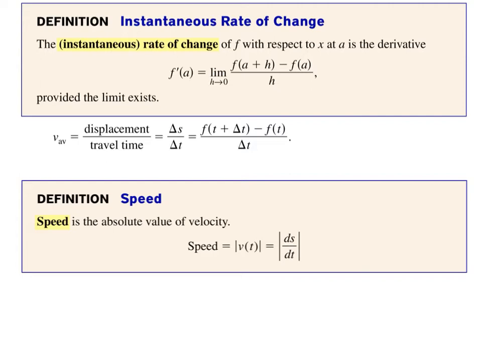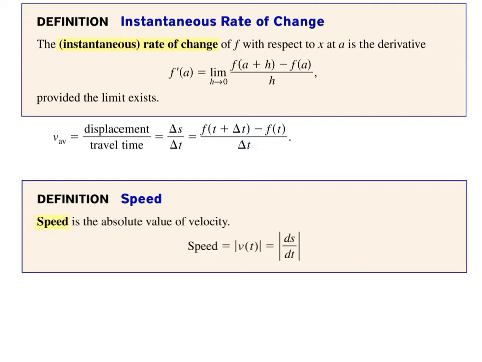The average velocity comes from displacement, or the change in your position, which the book uses s for, so change in s over the travel time, the change in t, which is equal to f of t plus the change in t minus f of t all over that delta t.